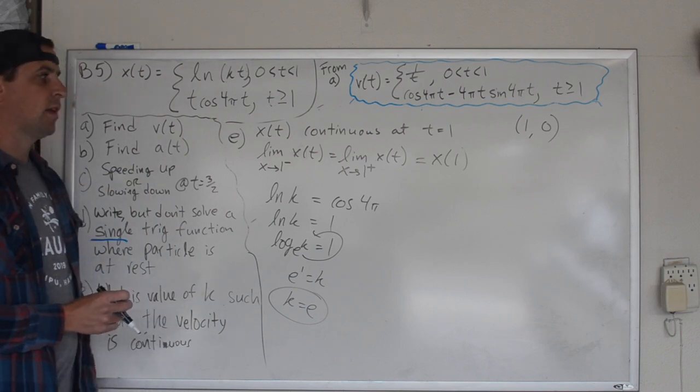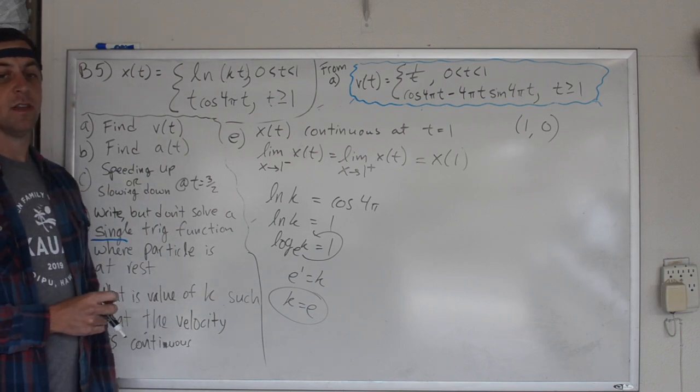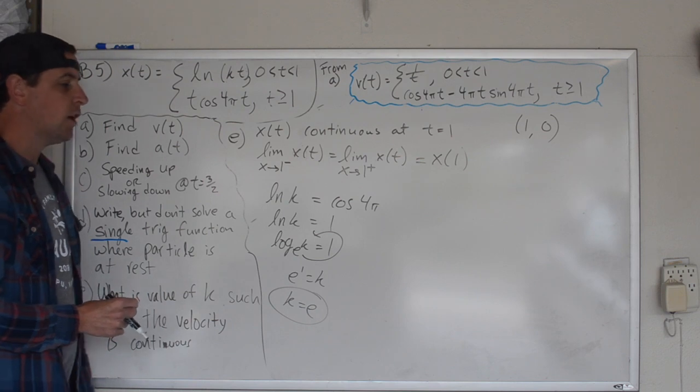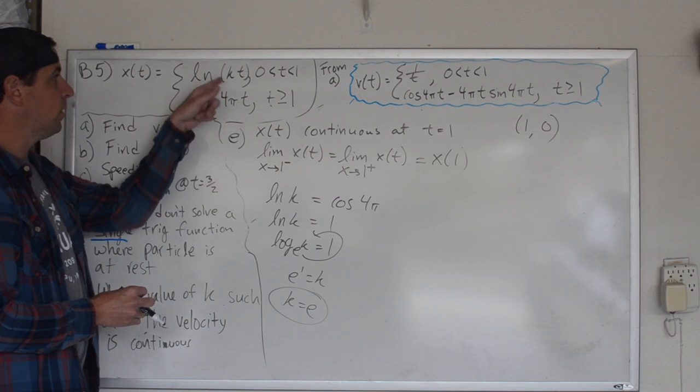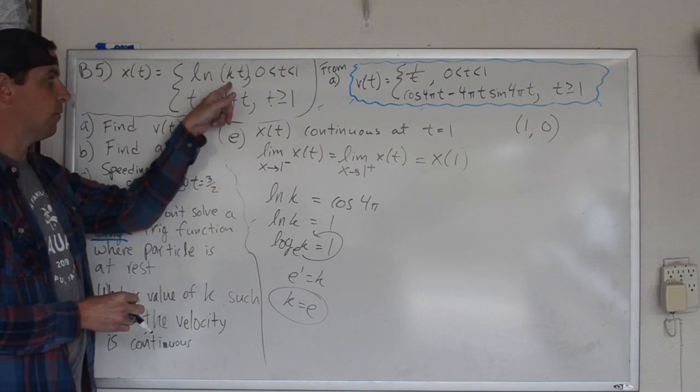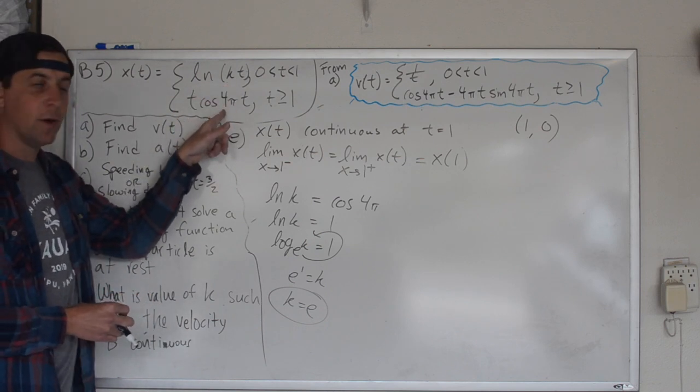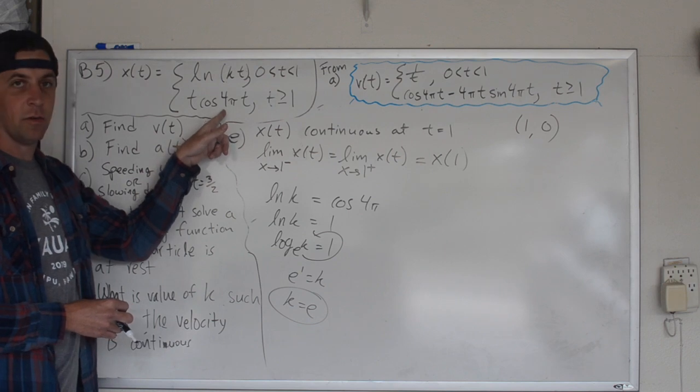Now, the next thing I want to check is whether or not my function is differentiable. To check if it's differentiable, I need that the slope of this function when t is equal to 1 is equal to the slope of this function when t is also equal to 1.